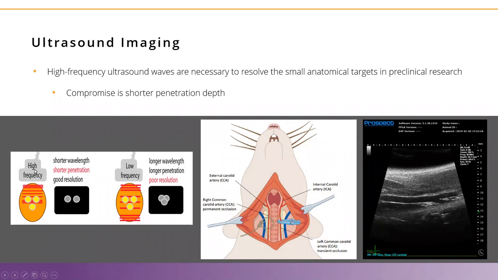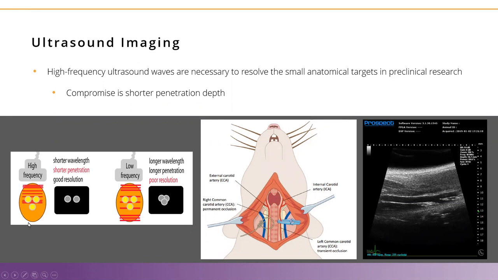But there must be consequences there, or why wouldn't we use high frequency sound in the human world on a much larger scale? And so when we talk about the sound waves, high frequency means a shorter wavelength. And the consequence there is that it can't penetrate as deep into the tissue. So we're going to have depth of penetration that we need to keep in mind, but much better resolution.